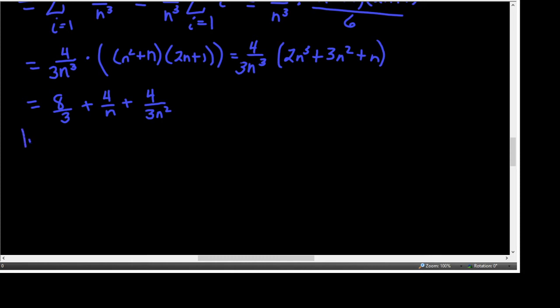So the limit as n approaches infinity of the lower sum s sub n will be the limit as n approaches infinity of the formula we found in the last section, which was 8/3 minus 4 over n plus 4 over 3n squared.